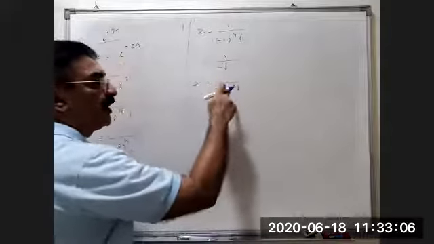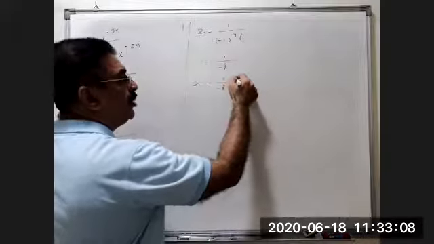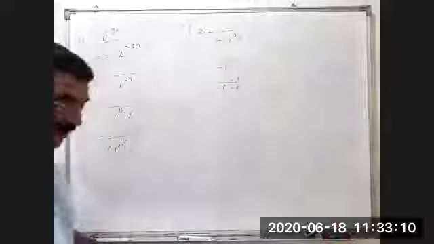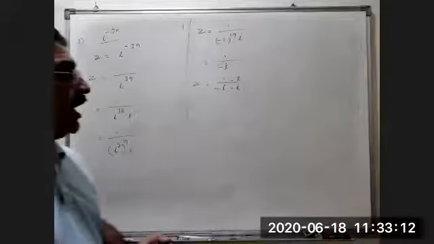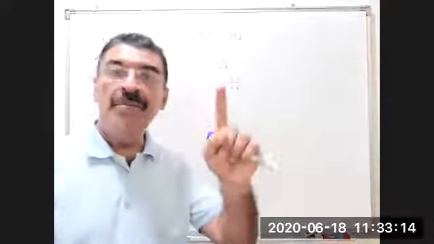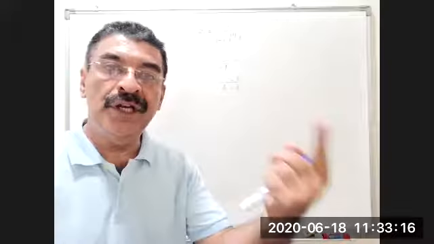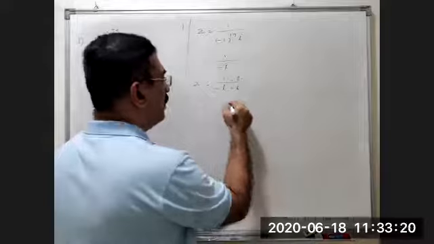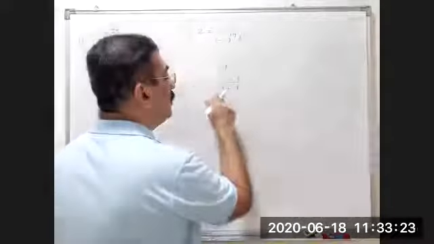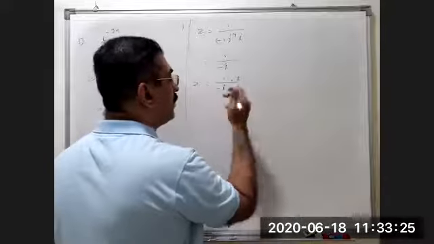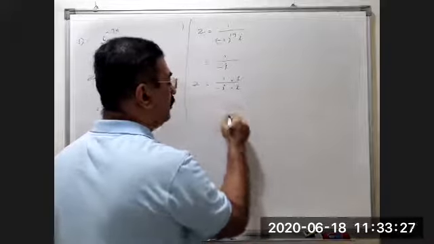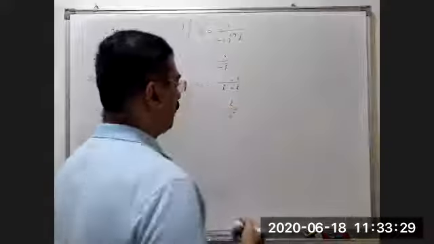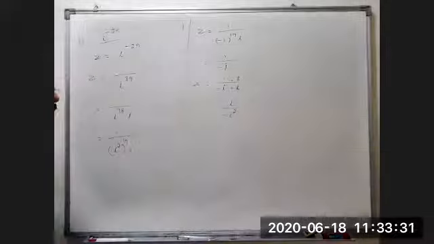If you are multiplying the denominator with I, the numerator is also multiplied with I. So the denominator I into I becomes I square. This minus sign is there, so it became minus I square.